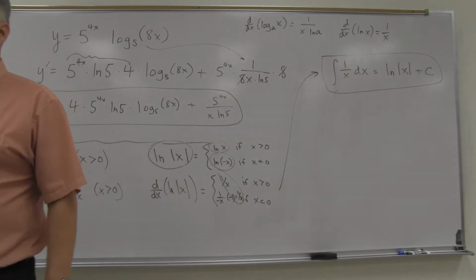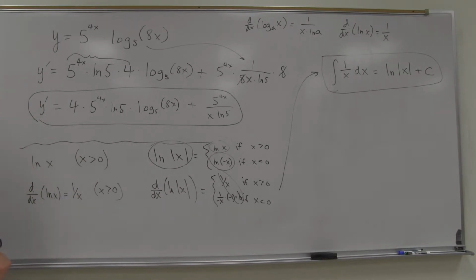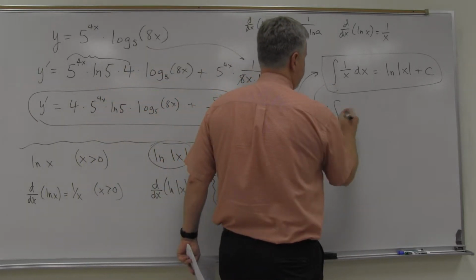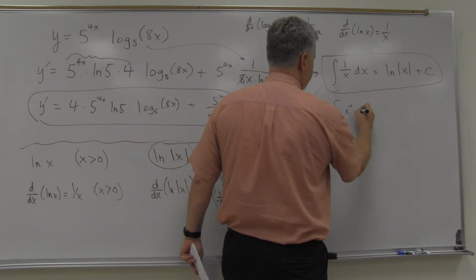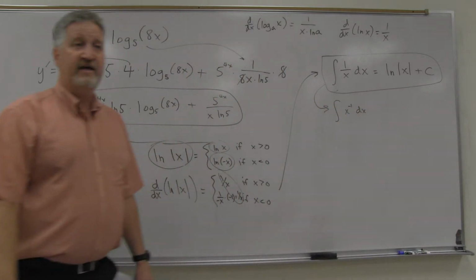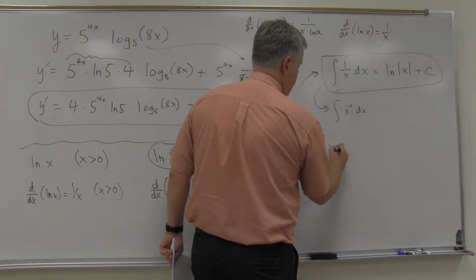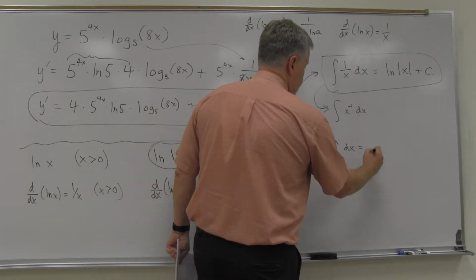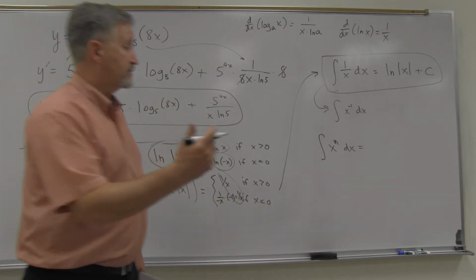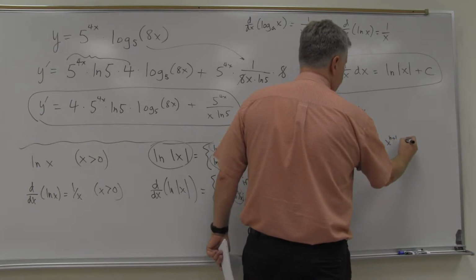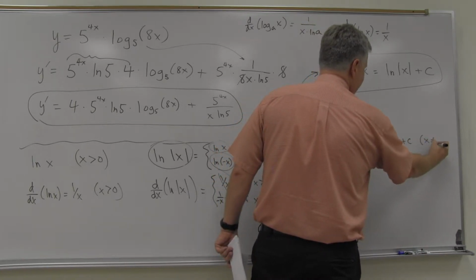Not only that, this fills in our missing piece for the powers of x, because another form of this integral is x to the negative 1 power. And remember on our power rule, if you have x to any power n, it's 1 over n plus 1 times x to the n plus 1, plus c, except n equals negative 1.